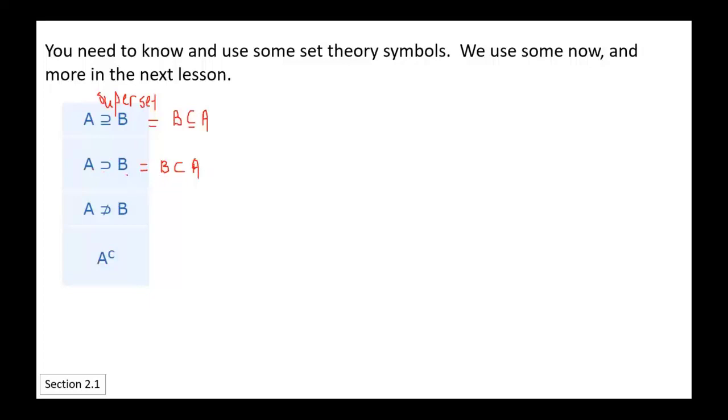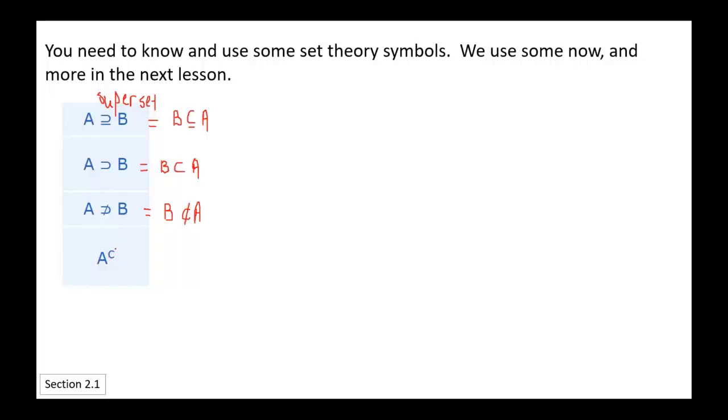So here, A contains all of B and has more. This is the same thing then. To say A is not a superset, we're saying that B is not a subset, which means not all of B is contained in A. So over here, we're going to say A does not contain all of B.